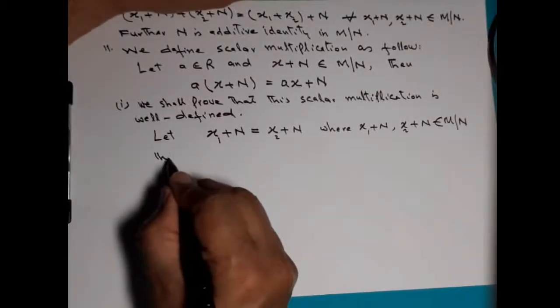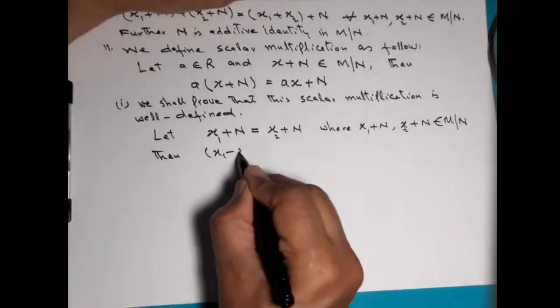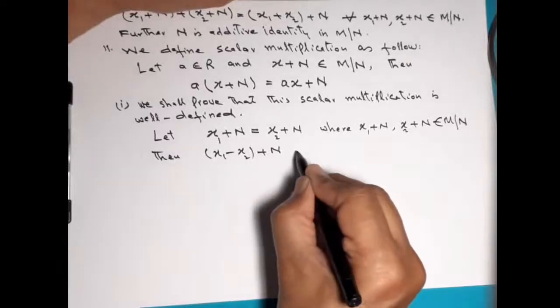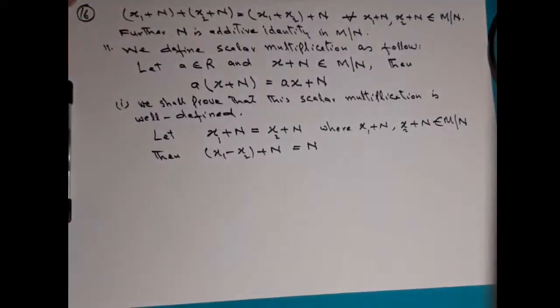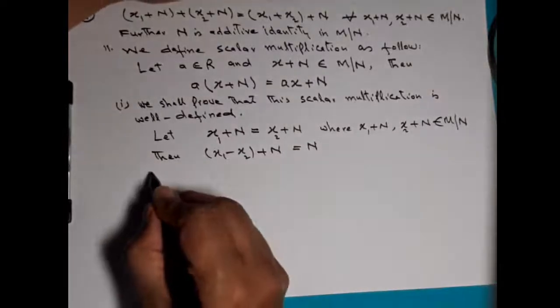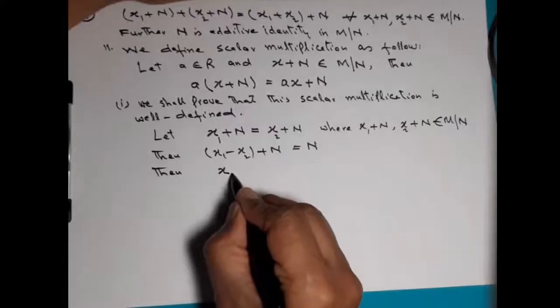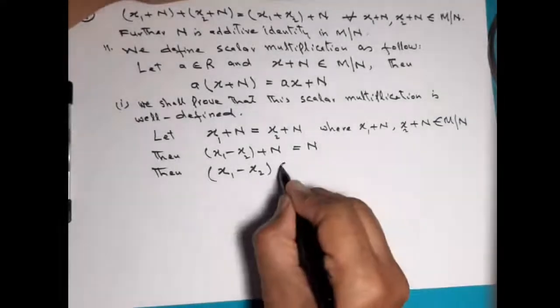Then x1 minus x2 plus N is equal to N. And recall from group theory that if this happens, then x1 minus x2 belongs to N.